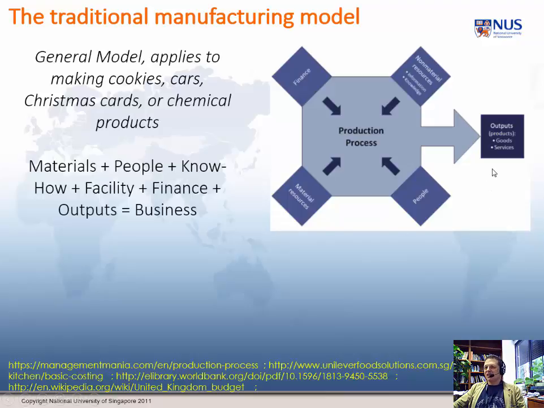And last but not least, you need outputs, some product, something you're going to sell, goods or services. Because if you don't have any of these, then you'll spend a lot of money getting this set up, but you'll not bring any money in, and the outlook for your company is not good. So, if you've got all of this, materials, people, knowledge, know-how, facility, finance, and outputs, then you have a business.